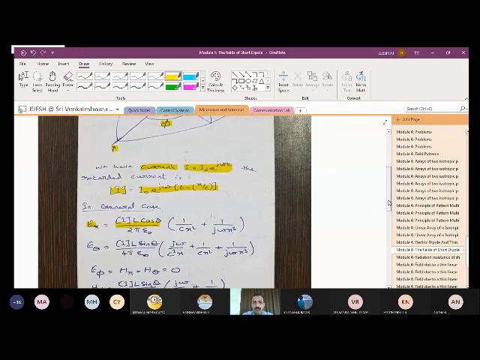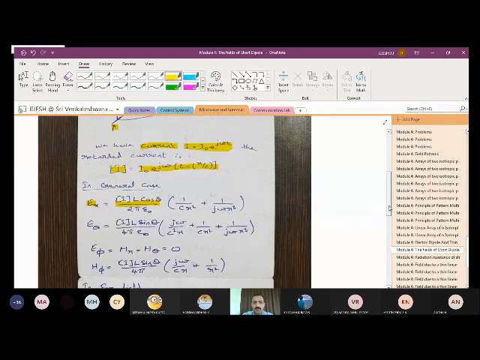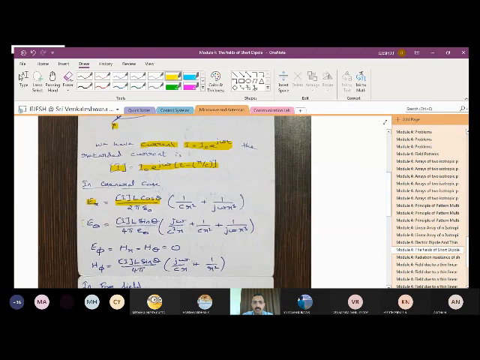And for this, all these are direct equations we are going to use. E theta can be written as I L sin theta divided by 4 pi epsilon naught, j omega by c square r plus 1 by c r square plus 1 by j omega r cube.